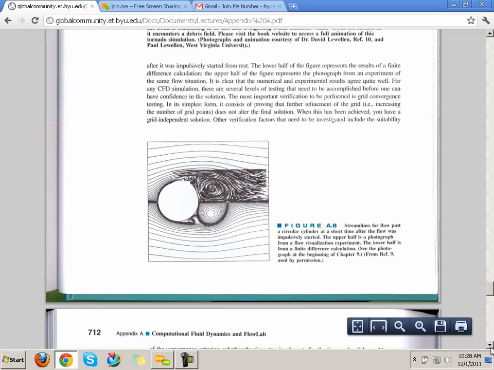Remember that CFD is a tool and as such needs to be used appropriately to produce meaningful results. The general field of computational fluid dynamics, in which computers and numerical analysis are combined to solve fluid flow problems, represents an extremely important subject area in advanced fluid mechanics. Considerable progress has been made in the past relatively few years, but much remains to be done. The reader is encouraged to consult some of the available literature.